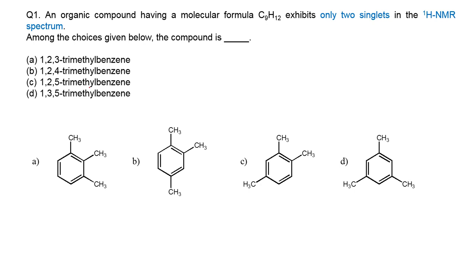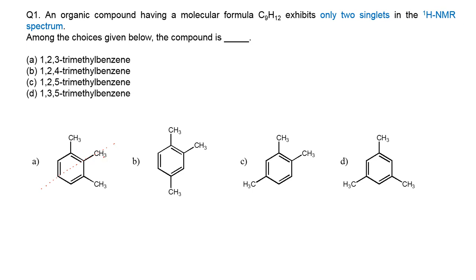As per the expectation from the question, we need to identify a compound that will show two singlets. So one by one we'll discuss the moieties and identify their types of protons, to see whether it matches the expectation. In the first compound, if you look at the structure carefully, you'll see it has a symmetry that passes through these carbons.